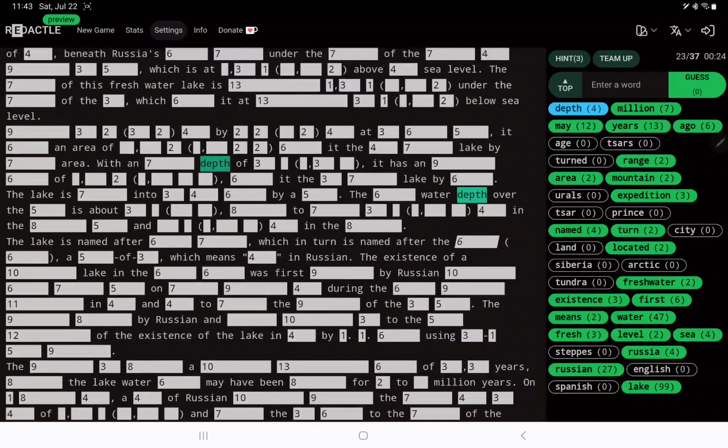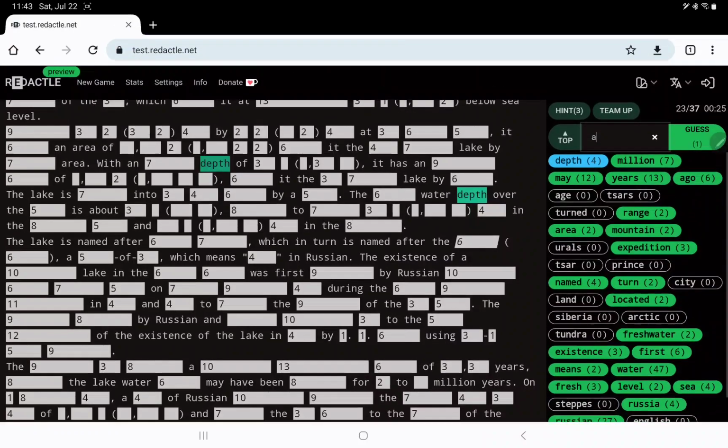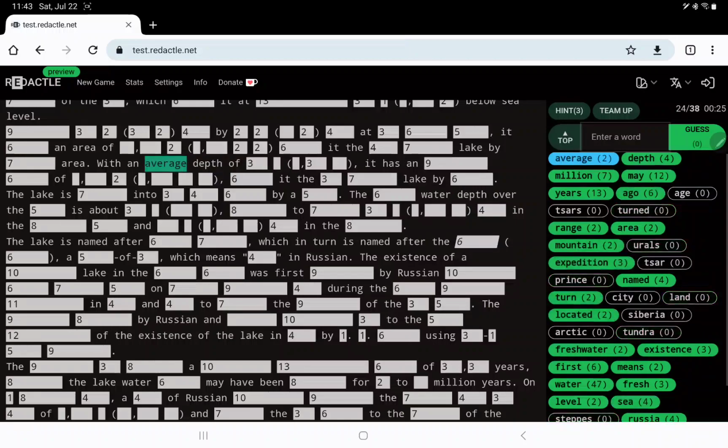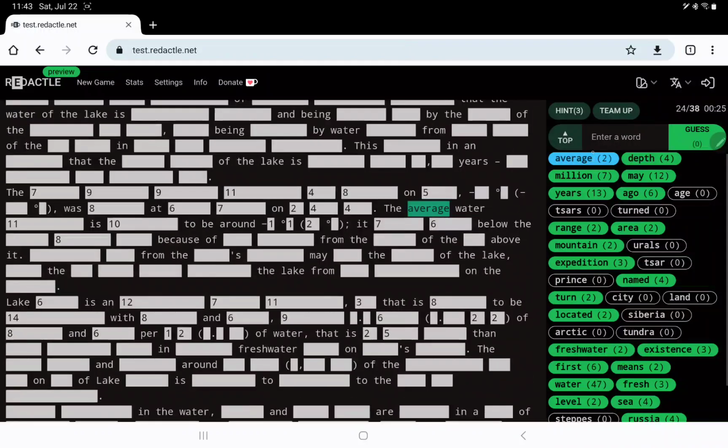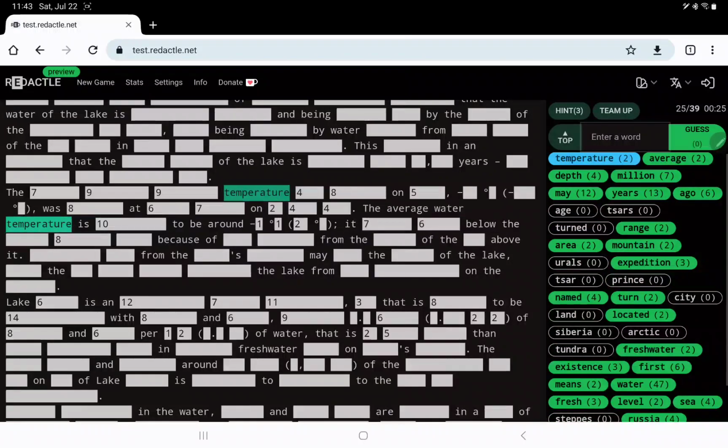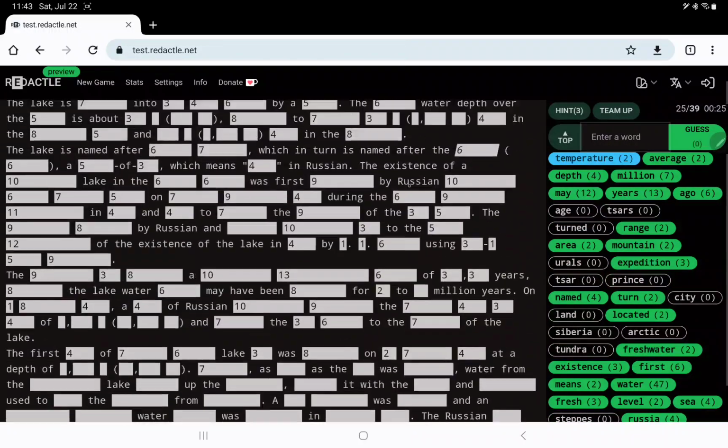With an something not estimated, oh, average, of course. Average depth. The average water temperature. Anyway, that's not really helping me.